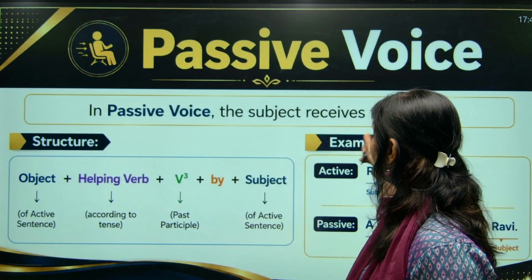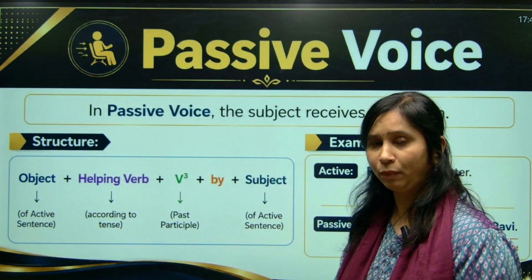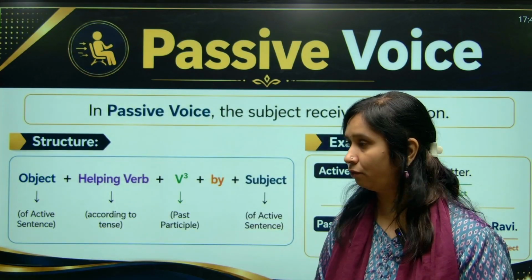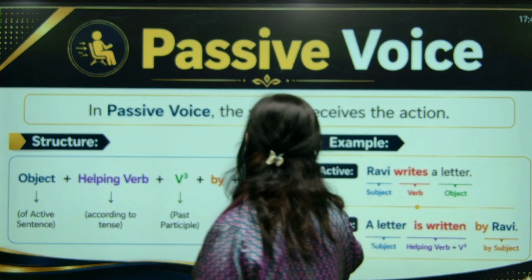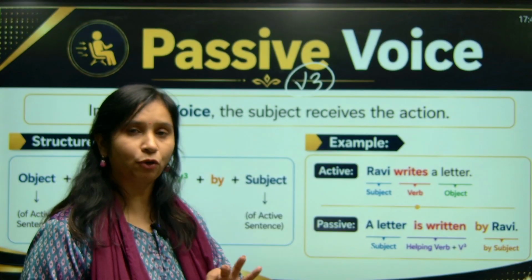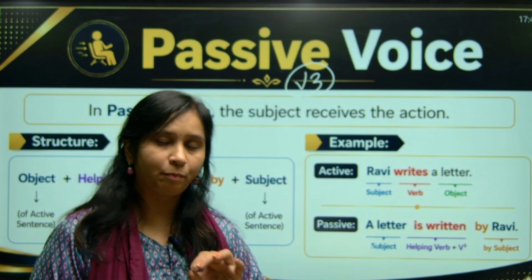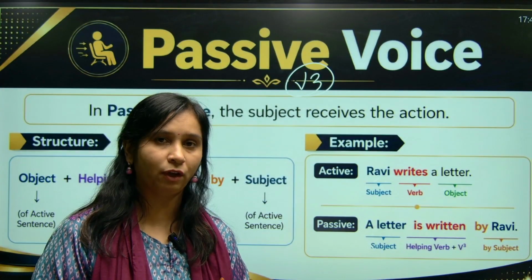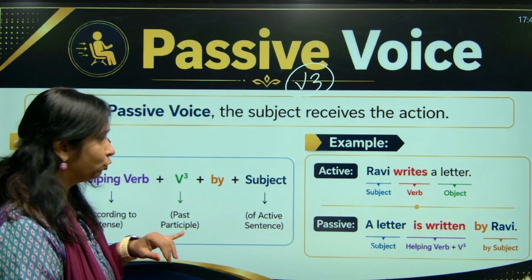In passive voice, the subject receives the action, and the main important part to form passive voice from active is that we use the verb's third form here. The main important part to remember is that we use the past participle of the verb. Now I'll explain the structure.